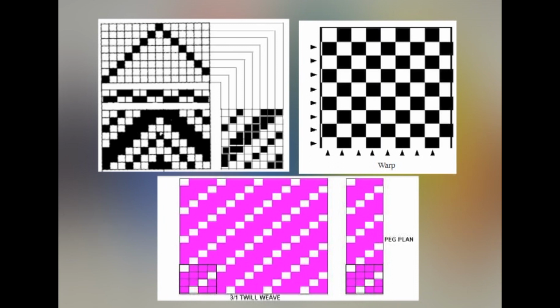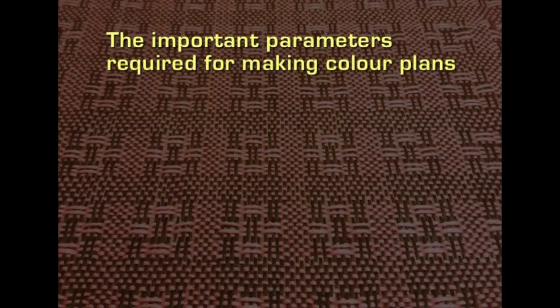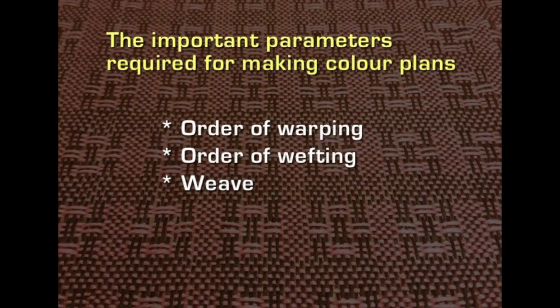Making designs on paper is an easy process, so it is employed by many designers. The important parameters required for making these color plans are the order of warping, the order of wefting, and the weave.